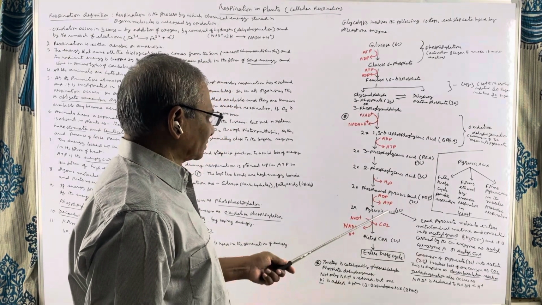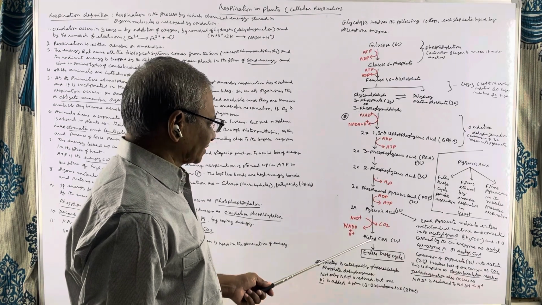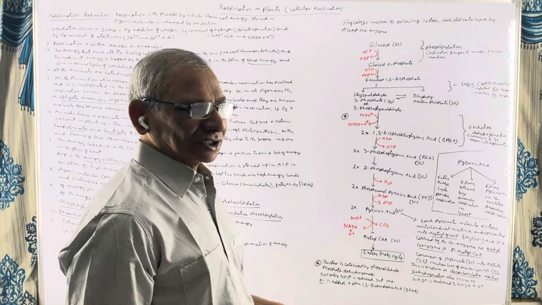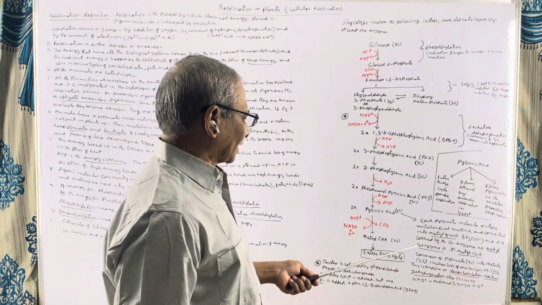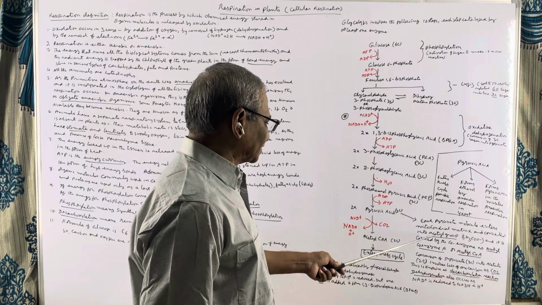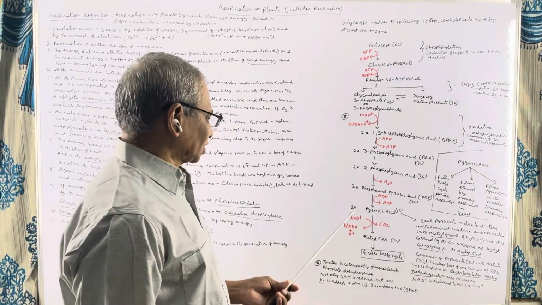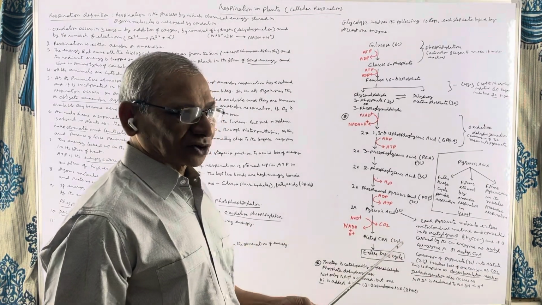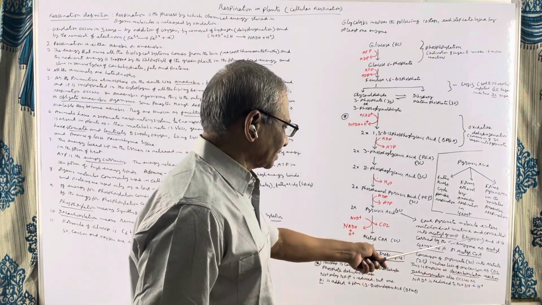Now let us take up, it has entered the Krebs cycle. So pyruvic acid, what happens is, it enters the mitochondrial matrix. It is formed in the cytoplasm, but for further activities, it enters the mitochondrial matrix, and it is converted into an acetyl group. So in the case of oxidative respiration, the pyruvic acid enters the mitochondrial matrix and produces the acetyl group, CH3CO.